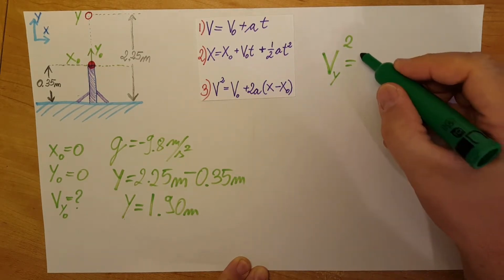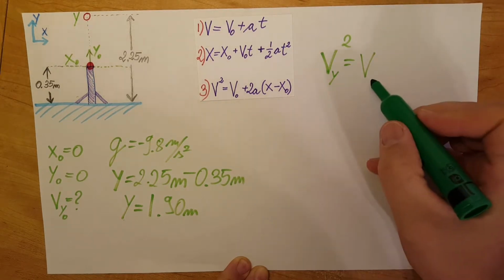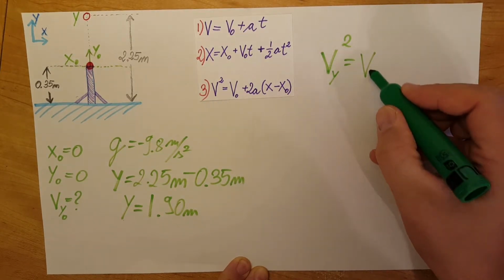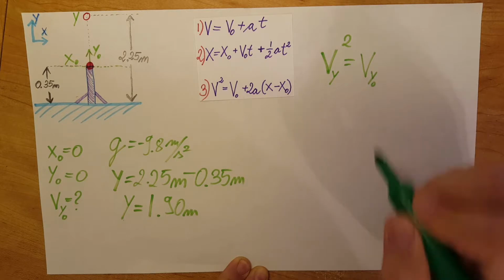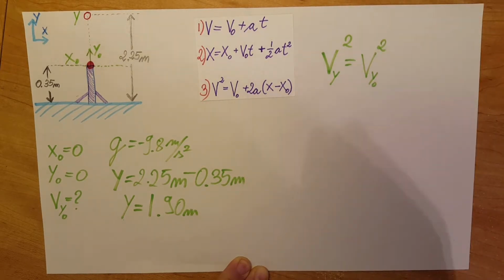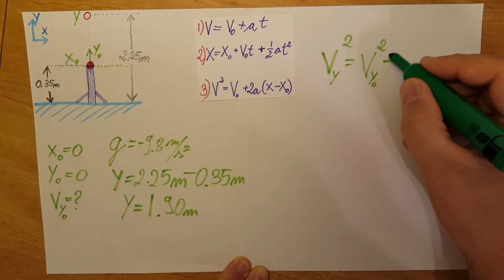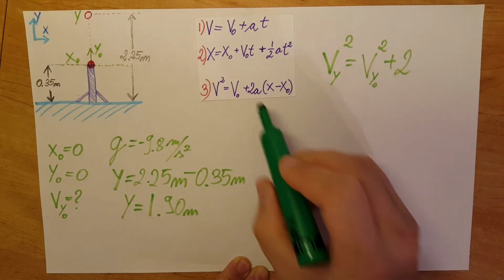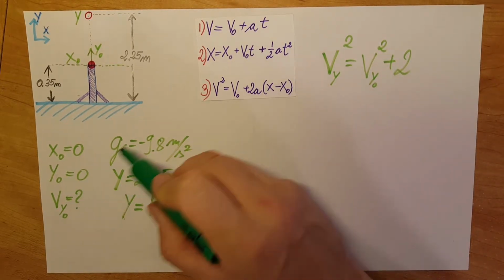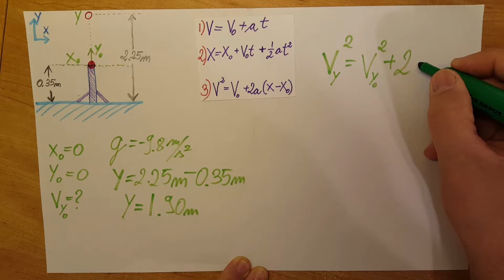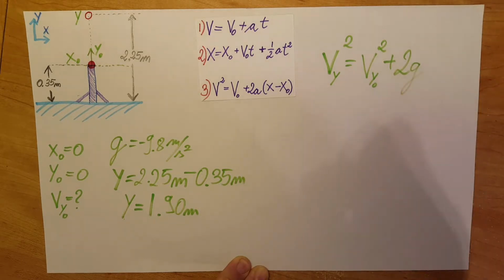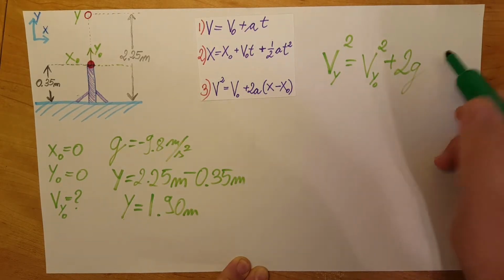So I'm gonna rewrite it as vy equals v, and this will be the y0, our beginning v, squared, plus 2, our acceleration is gravity, so we're gonna plug in just g, and delta y.